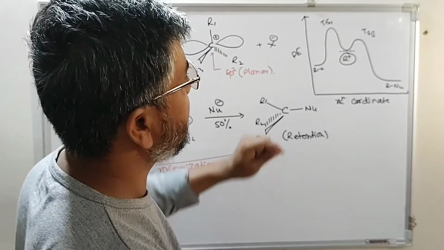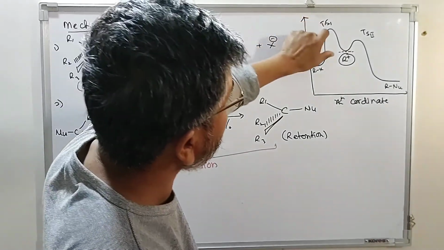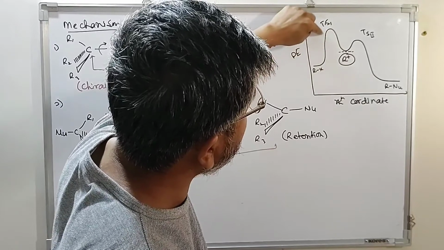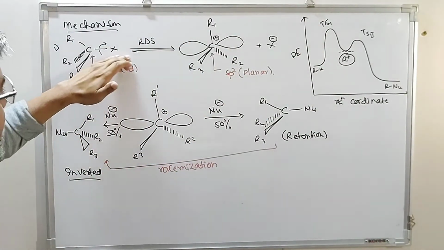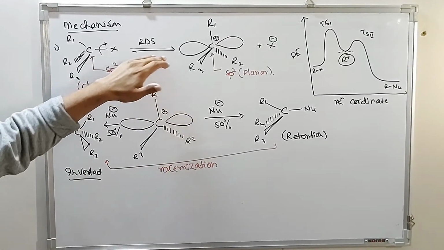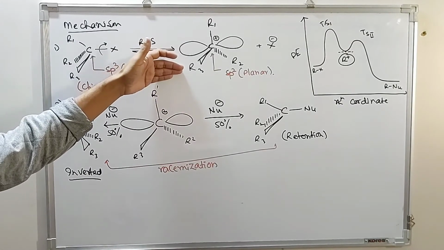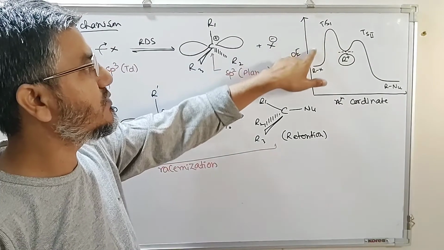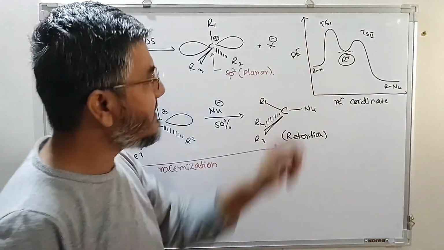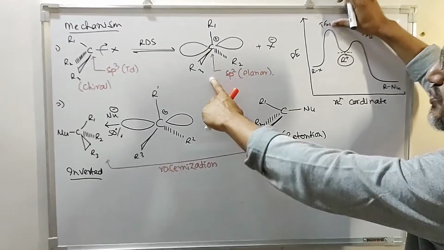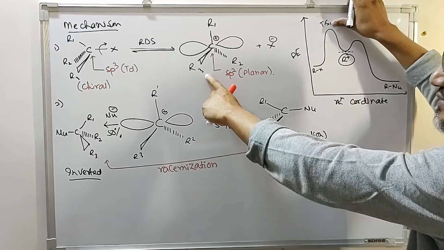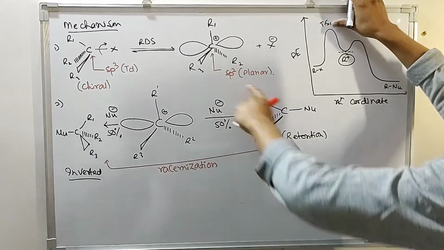So as this, look at this transition state formation 1, that is, breaking of this RX, that is, the C-X bond. So at this particular point the C-X bond breaks. The moment the C-X bond breaks, this is being stabilized due to hyperconjugation, resonance or stabilization by solvent.